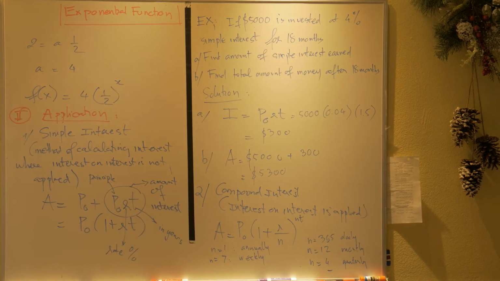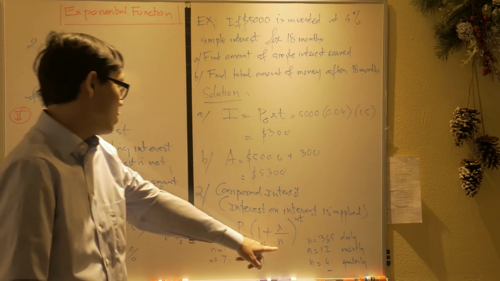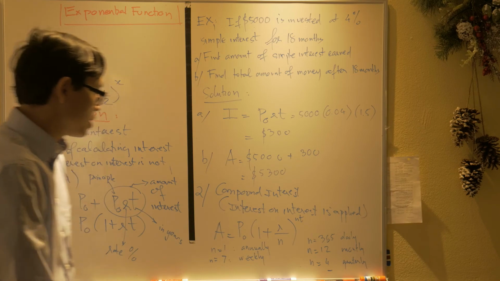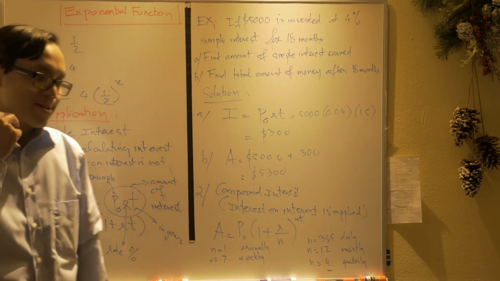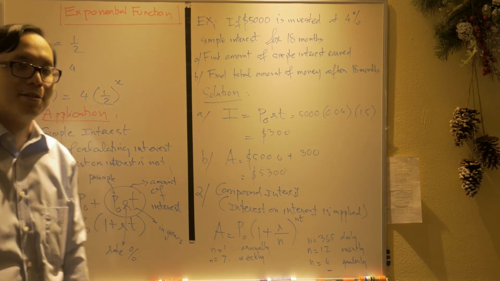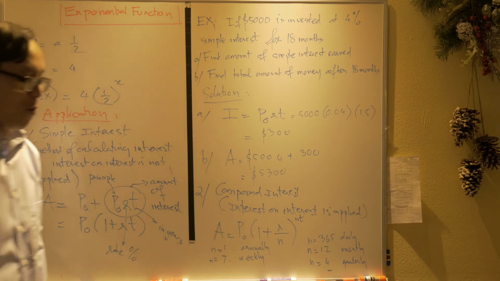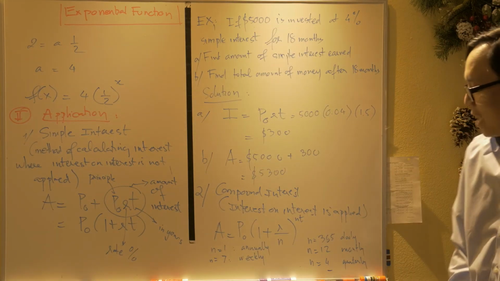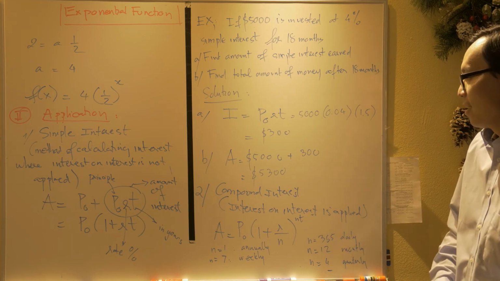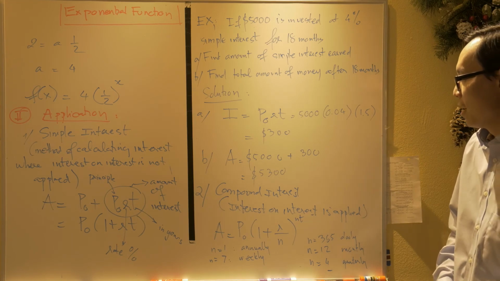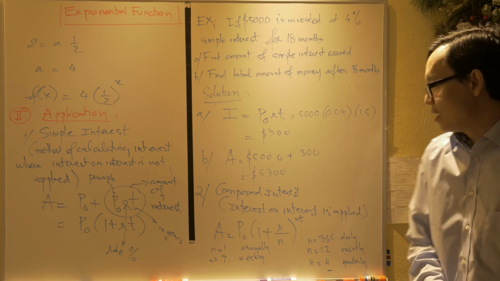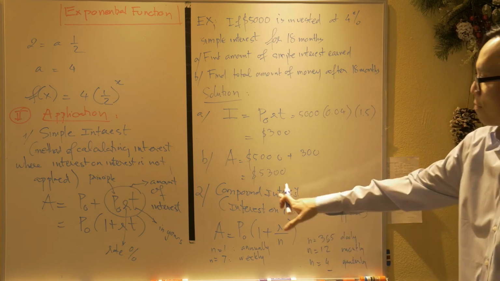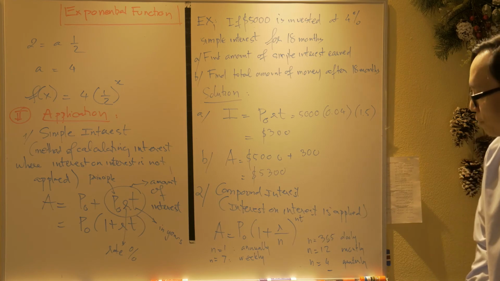And later on, when n equals infinity, we mean you keep compounding. We call it continuous compounding. That is the best case. There are no banks or financial companies in the world that let you invest money using continuous compound interest, when n is infinity. We're going to talk about that in the third part of the application.